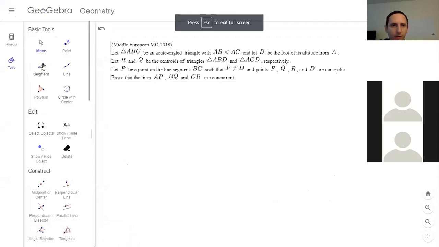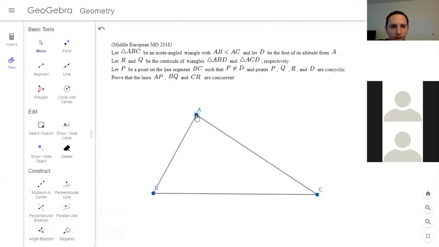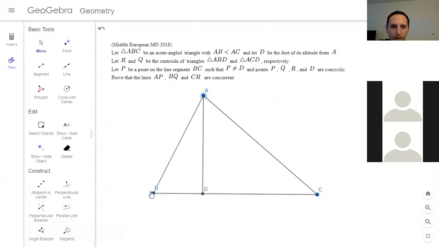Oh, this one's kind of interesting. So we have a triangle ABC where AB is less than AC. D is the foot of the altitude from A. Okay, so we have a problem with centroids now. I don't do centroids that often on my channel, but I should do them more.